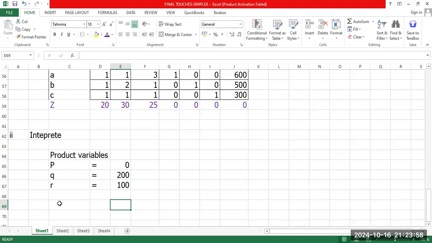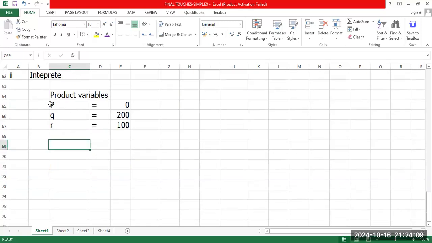It means that to achieve their objective, the company doesn't need to produce any pair of basketball shoes. All they need is to produce 200 pairs of soccer shoes and 100 pairs of workout shoes, so that they can maximize profit.